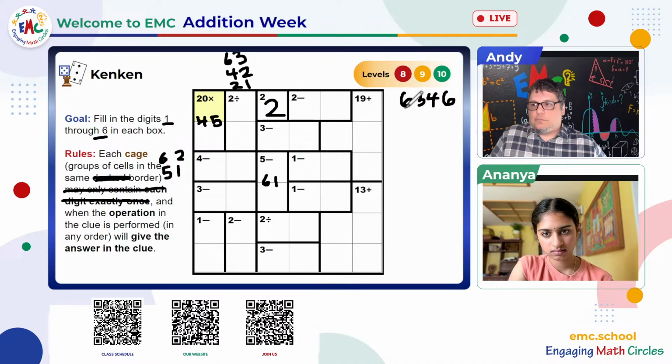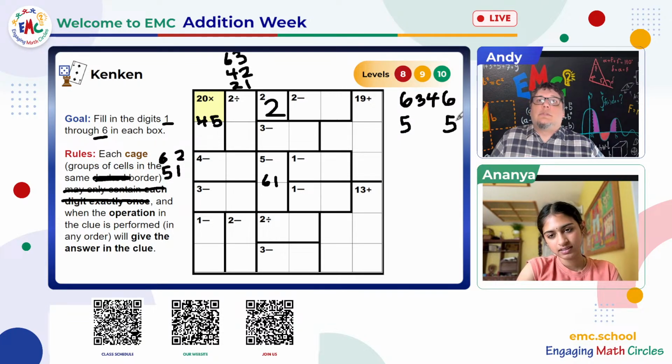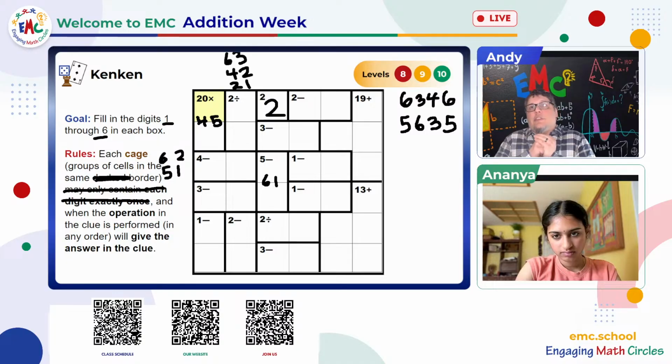Mm, 5, 5, 5. That doesn't make sense. Well, if we had 5 and 5, how much is left? 9. How can I make 9? 6 and 3. I think those are the only two possibilities. Yeah, the rest of them would have too many repeating.